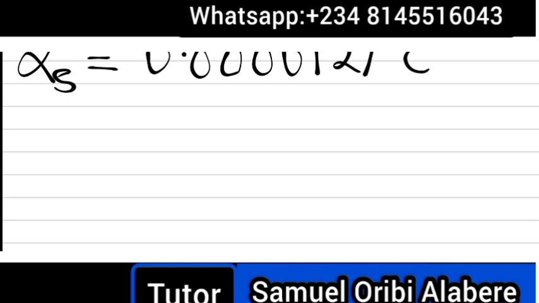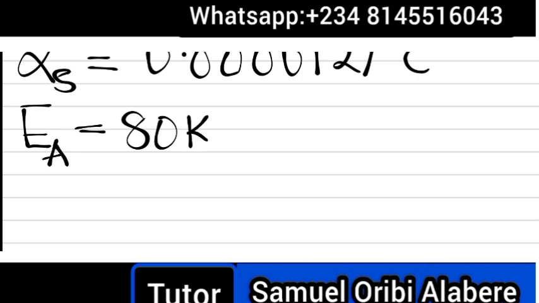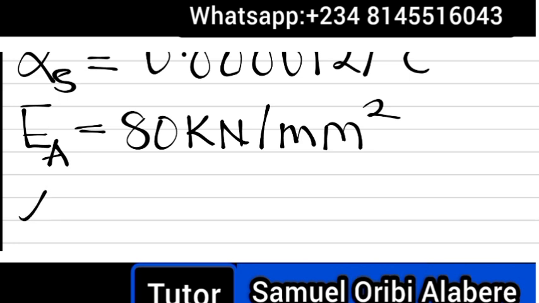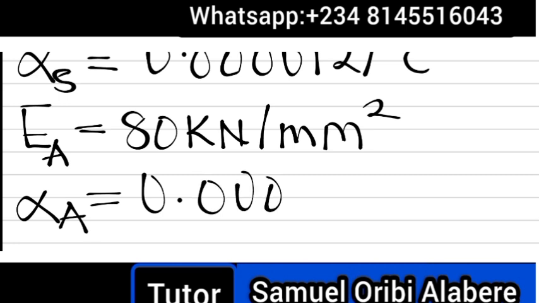Then the Young modulus of aluminium is equal to 80 kilonewton per millimeter square, and the linear expansivity of aluminium is equal to 0.000005 per degree Celsius.